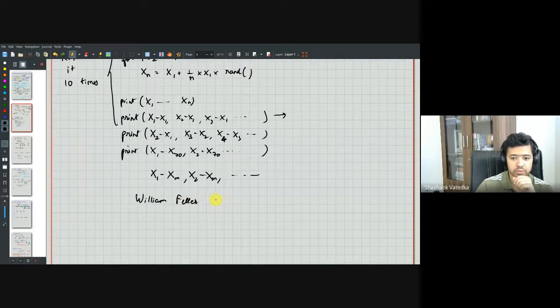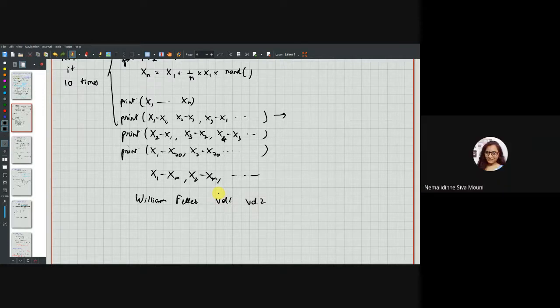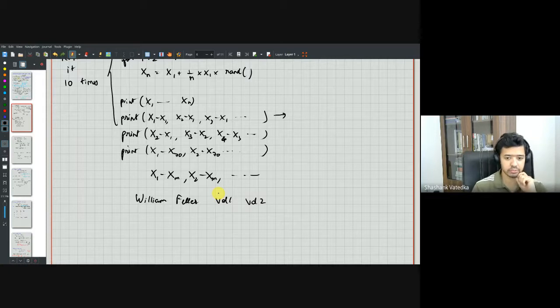There are two books, volume 1 and volume 2. I think the title of the book is just Probability. Just look for this author. I'm not sure which book deals with convergence, probably volume 2. This is a very nice set of books, particularly because it has a huge number of examples. Hopefully, this might have some more.